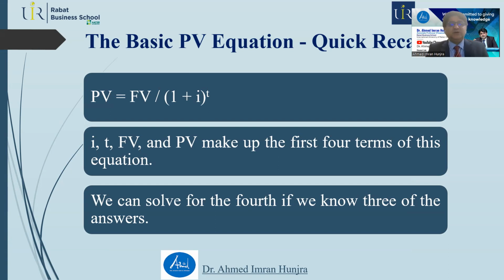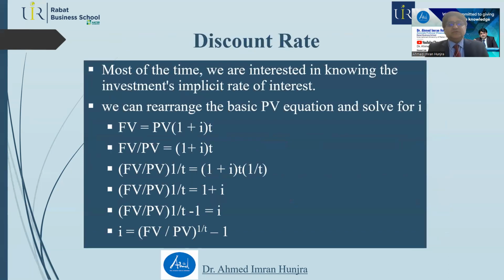So the basic formula of present value is future value divided by 1 plus interest rate raised to the power t. As we know, there are four components, and out of these, if we have the information of any three, we can find the value of the fourth one. So how can we find the interest rate or discount rate, the rate of return?